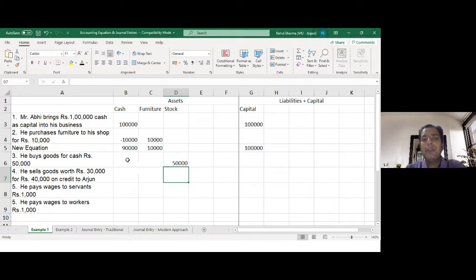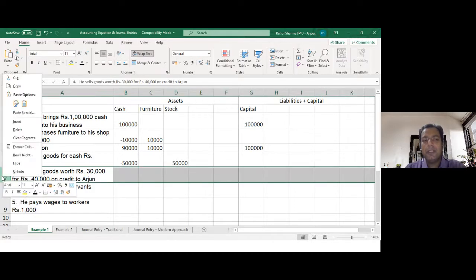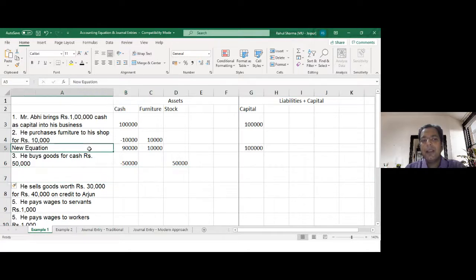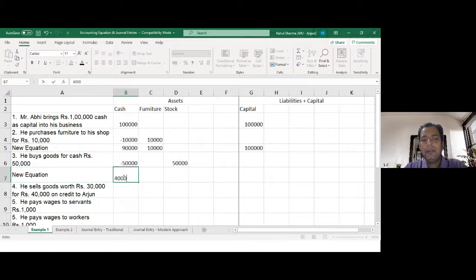So 50,000 gets added into my stock, and I reduce 50,000 from cash over here, right? So now my new equation would be 90 minus 50, that is 40,000.